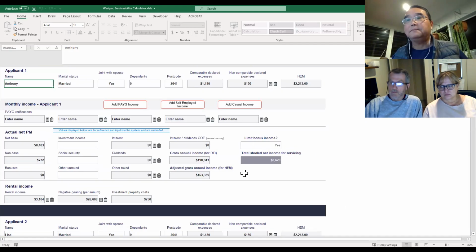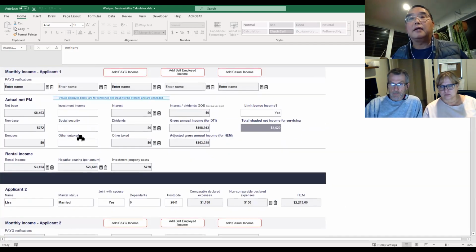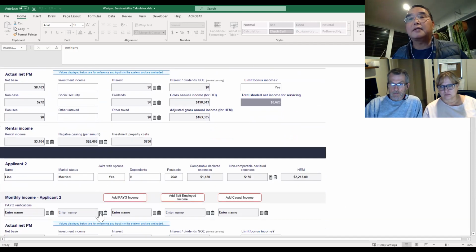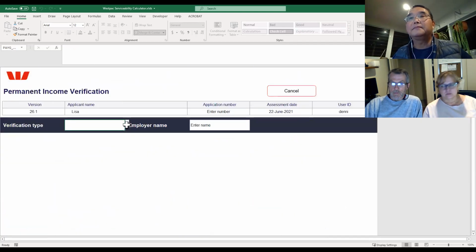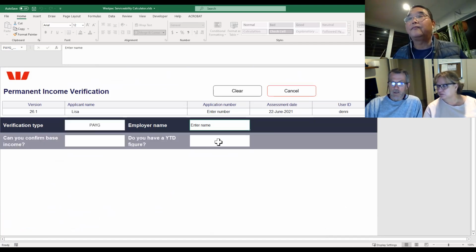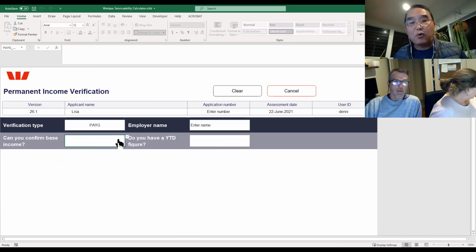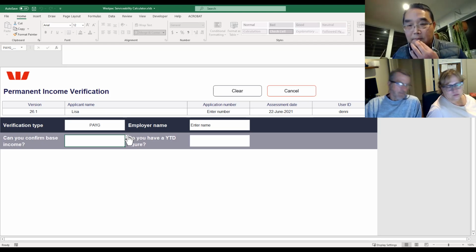Now, if Lisa is 14,000. It's about 14, isn't it? It shows on that. 1,400 a quarter. But do they pay you once a year or every quarter? Paid quarterly, so it is in the statement.